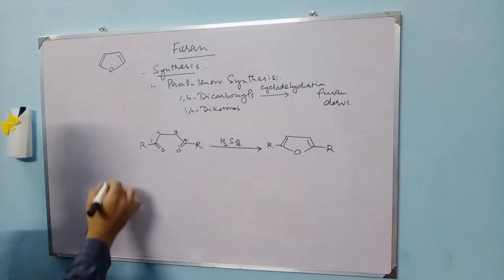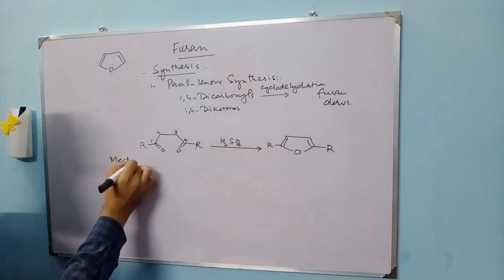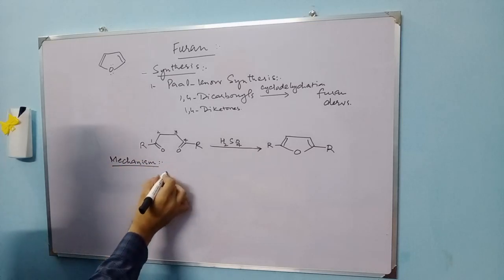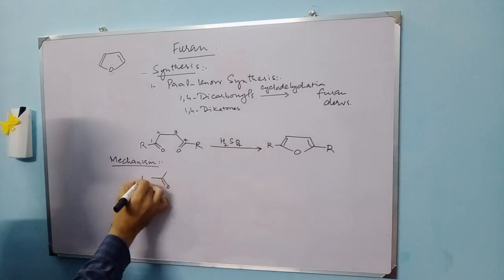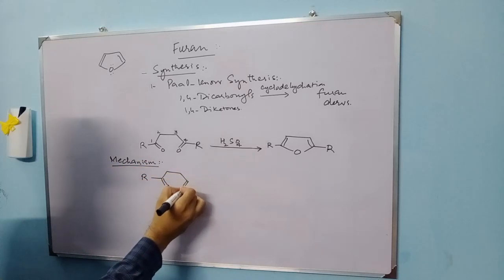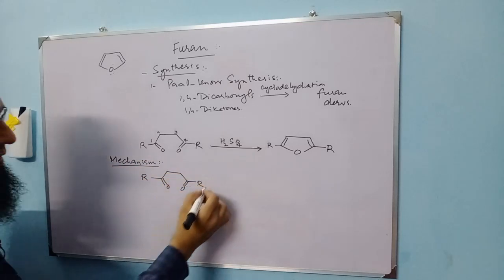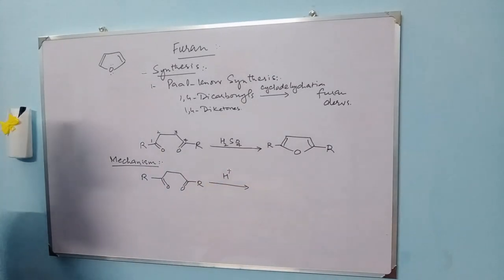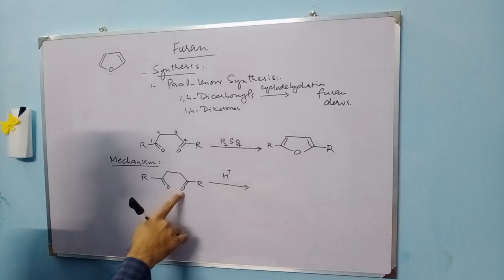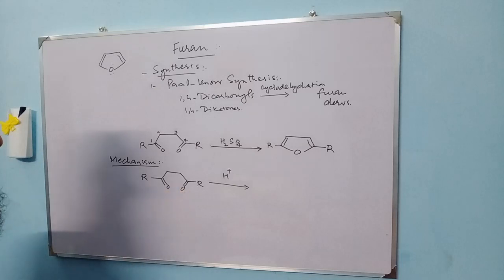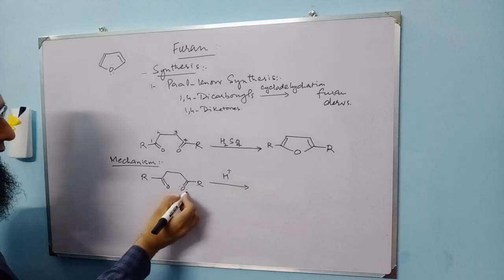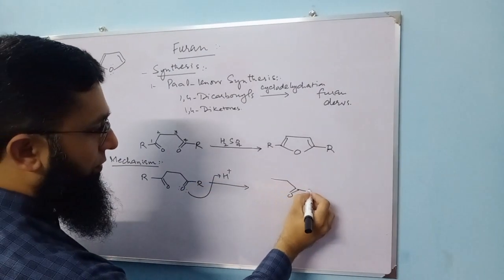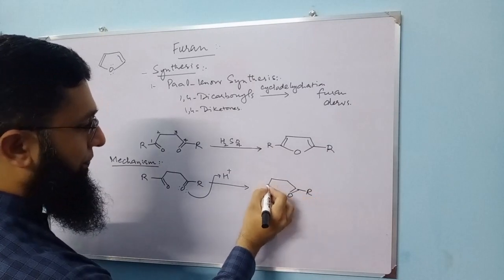Now we try to learn the mechanism. In the first step, protonation takes place, and because both the carbonyl oxygens are equivalent, any of them would take the proton and would get protonated.